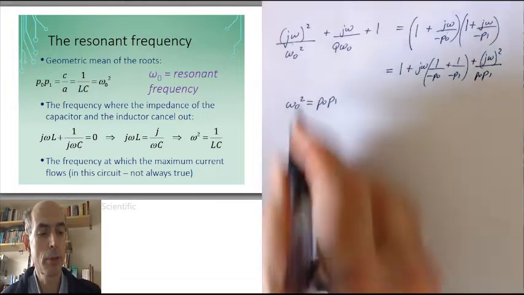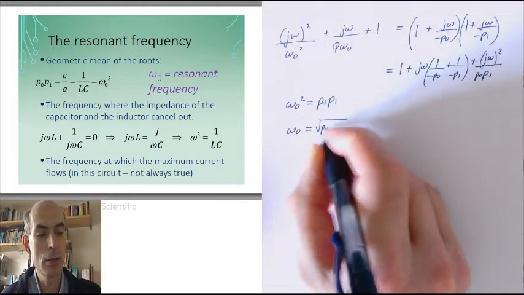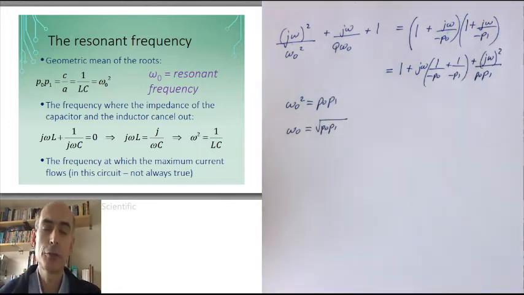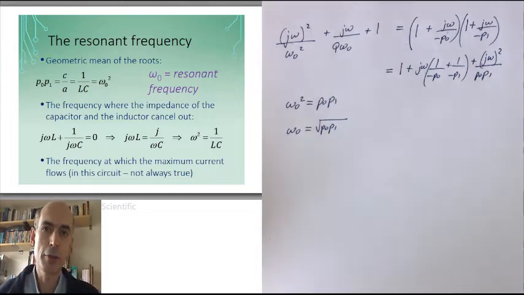And therefore, the resonant frequency is the geometric mean of the poles, the square root of the product of the poles. Interestingly, it's also the frequency where the impedance of the capacitor and the impedance of the inductor in our series RLC circuit cancel out.